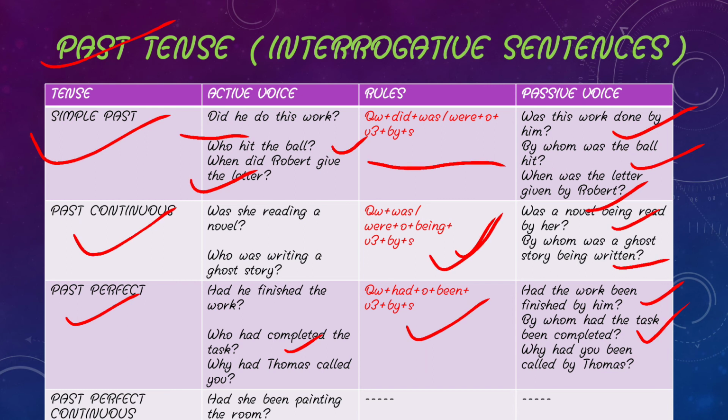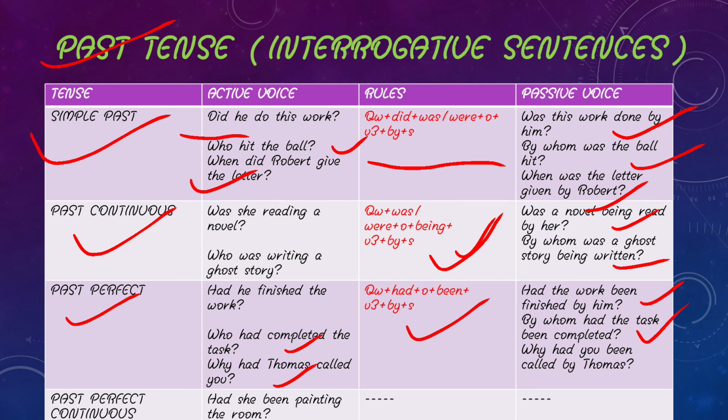Now look at the last sentence of past perfect tense: Why had Thomas called you? In this sentence, the subject is Thomas, you is the object, and had called is the verb.